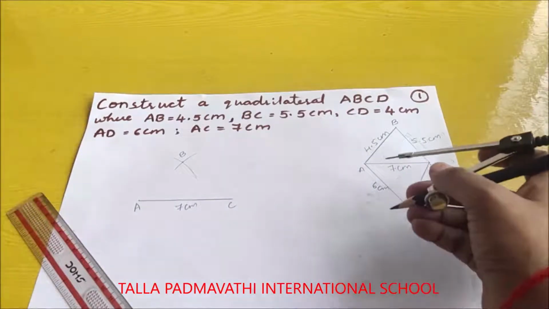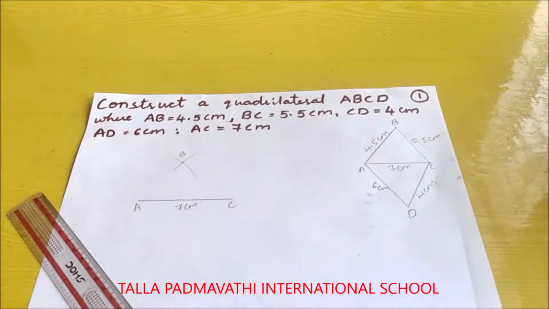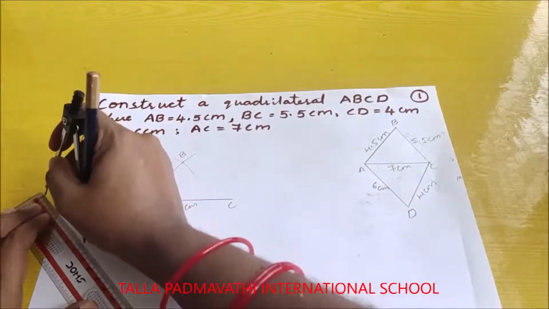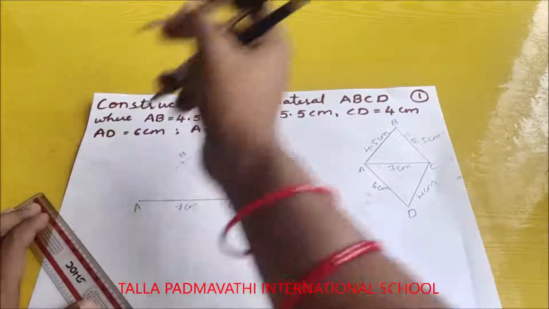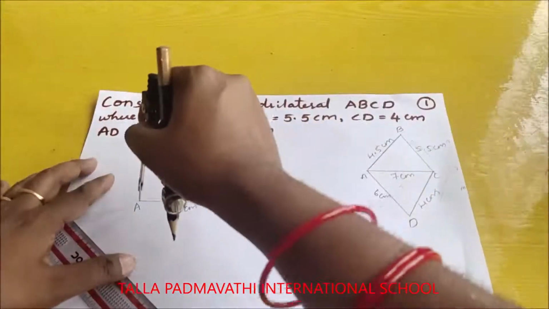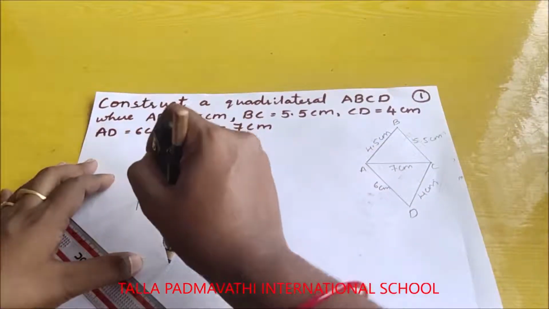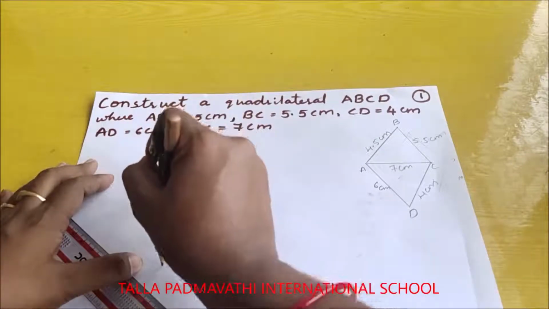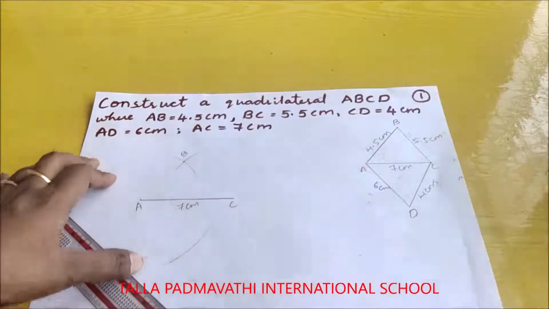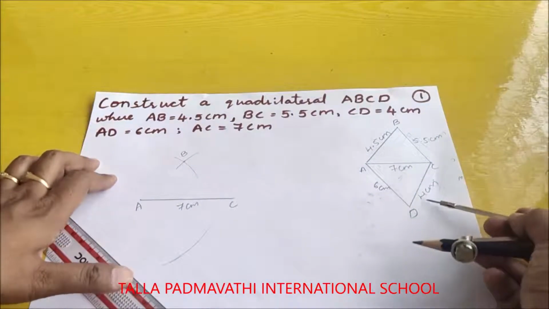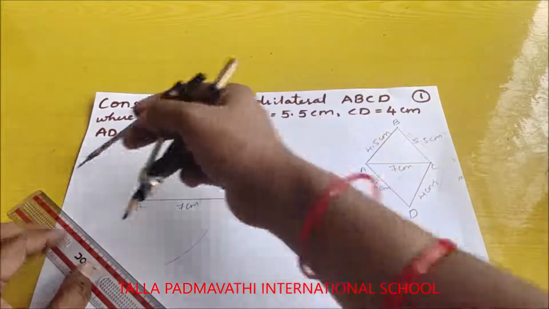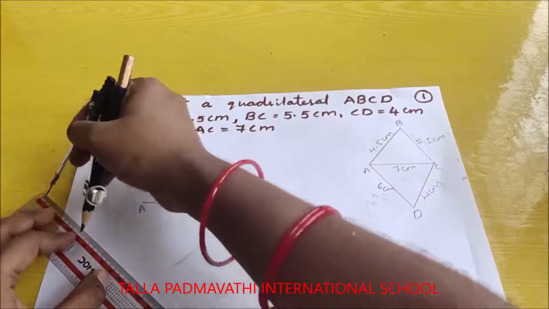Next, now the down one we have CD and AD. Now with A as center, draw an arc with 6 centimeters as radius. So just measure 6 centimeters of radius. And with A as center, draw an arc. And next, with C as center, you need to take 4 centimeters radius and draw an arc by cutting the previous arc.